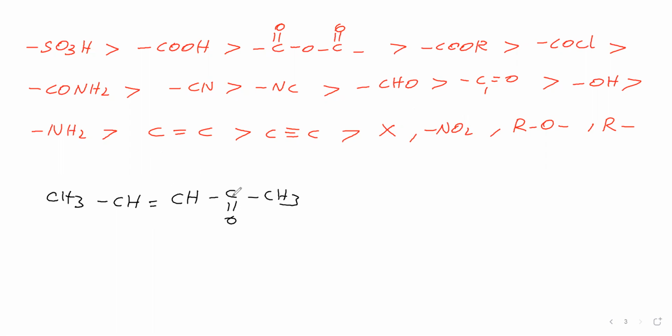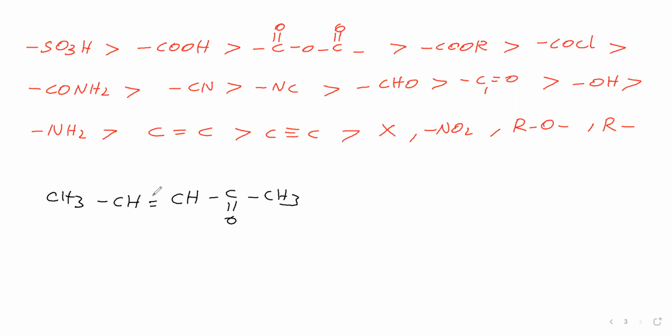The main functional group should get the least position. So this is a ketone. This ketone is the main functional group because it has higher priority, so it has to get the least position while we are giving numbering.